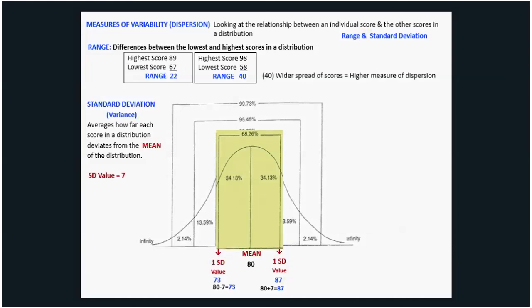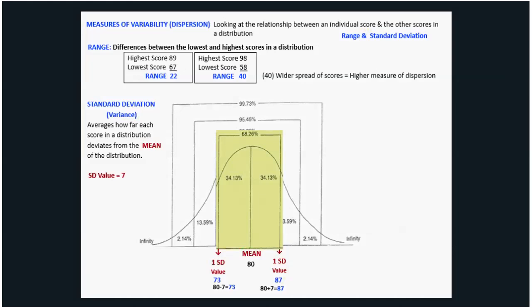So 80 minus 7 is 73. If you've got scores that fall within one standard deviation of the mean, they're going to fall between 73 and 87. In a good bell-shaped curve, about 68% of your scores fall within that one standard deviation.